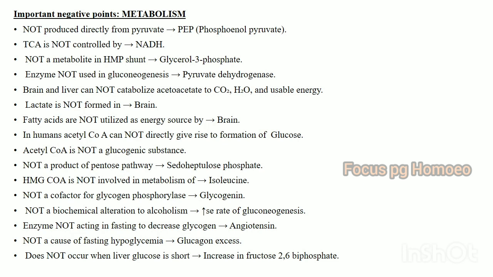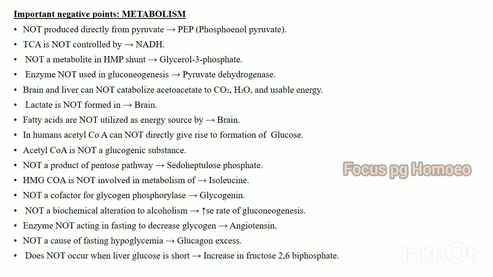The enzyme not used in gluconeogenesis is pyruvate dehydrogenase, that is the enzyme of glycolysis. Then brain and liver cannot catabolize acetoacetate to carbon dioxide, water, and usable energy. Lactate is not formed in brain, it is basically part of skeletal muscle. Fatty acids are not utilized as an energy source by the brain, it uses ketone bodies and glucose.